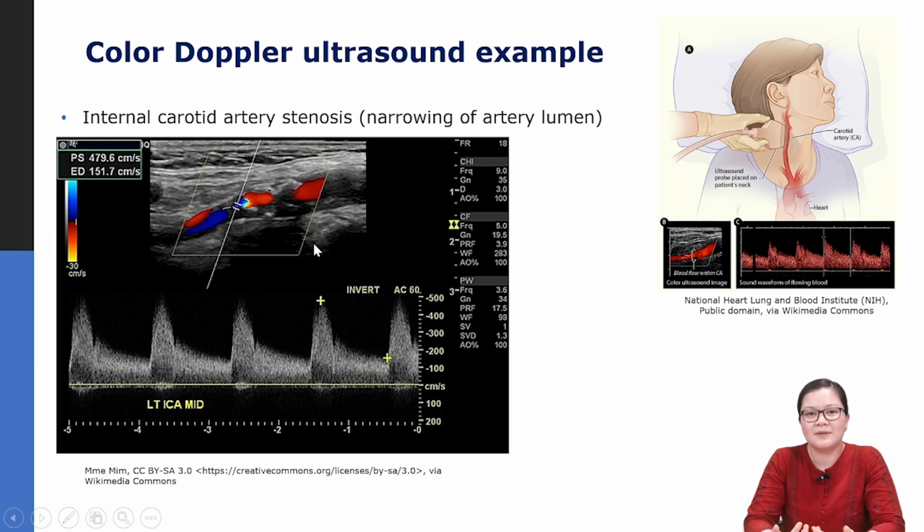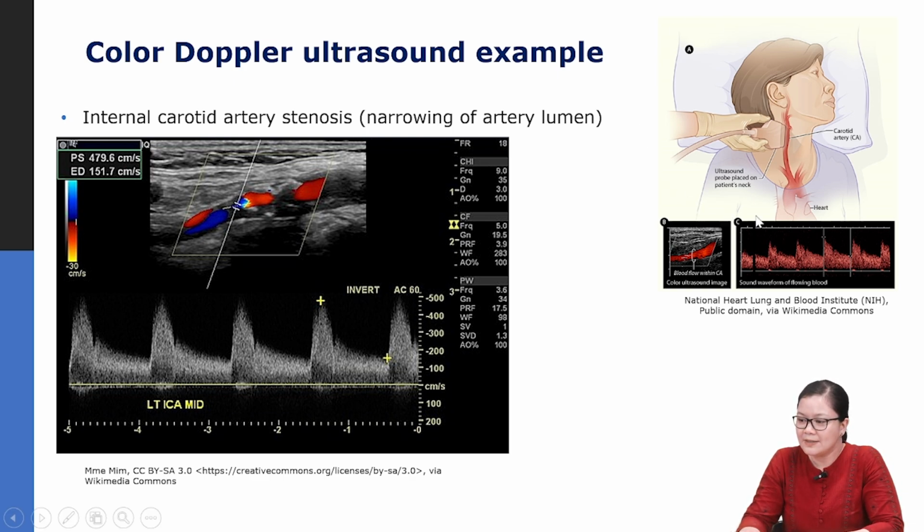Now let's talk about some examples where color Doppler is frequently used in the clinic. An example that I showed here is internal carotid artery stenosis. Stenosis, again, is a narrowing of the artery lumen due to some obstruction in the artery, like a plaque, for instance.